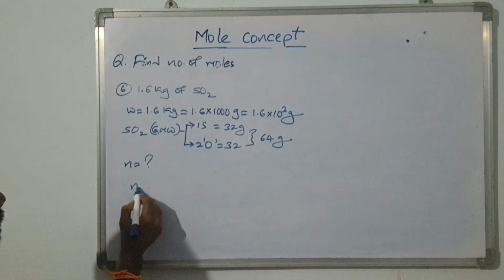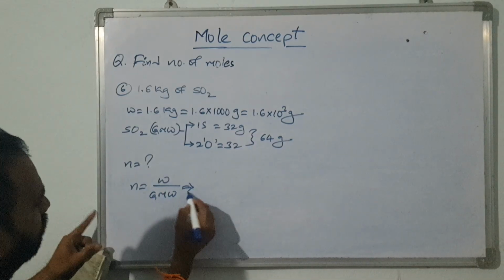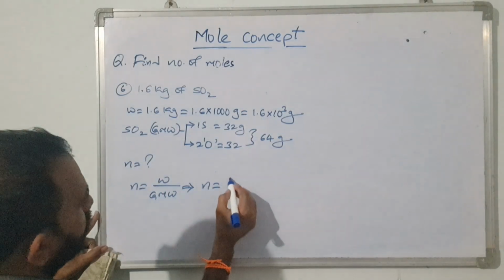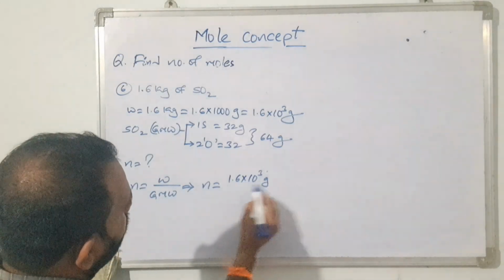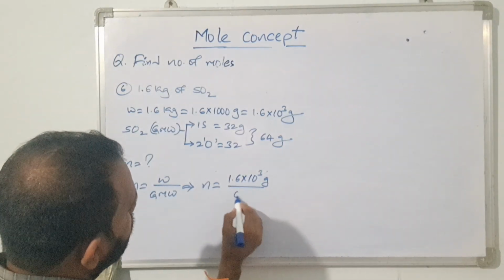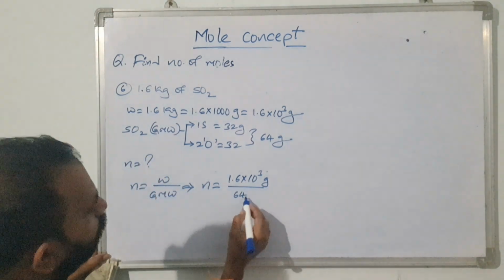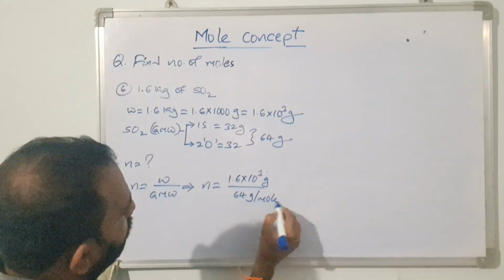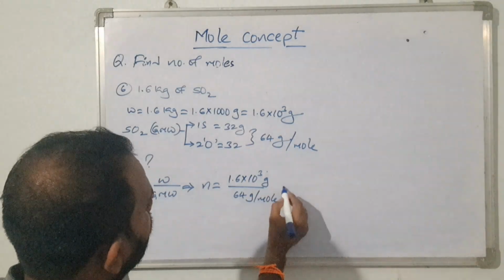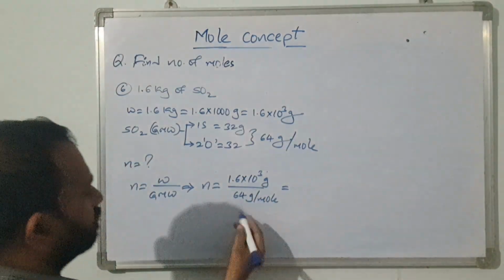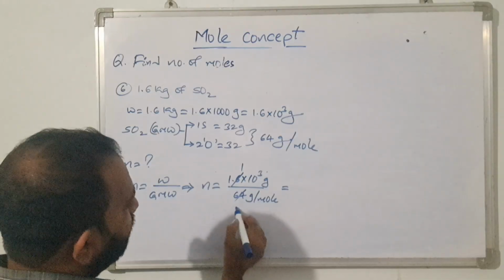Calculate number of moles. What is the formula? Number of moles is equal to given weight by gram molecular weight or molar mass for molecules. So here weight is 1.6 into 10 cube grams, and gram molecular weight is 64 gram per mole. Understood? Let's cancel it. 1.6 ones and 64 40s.